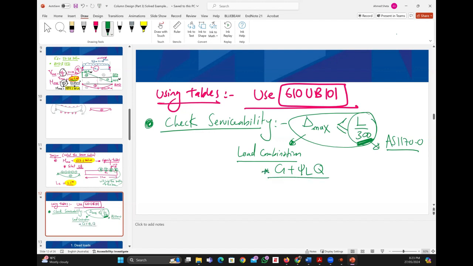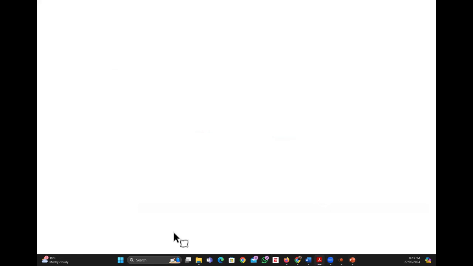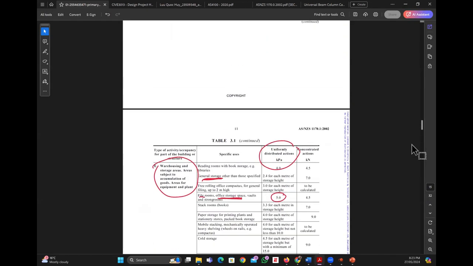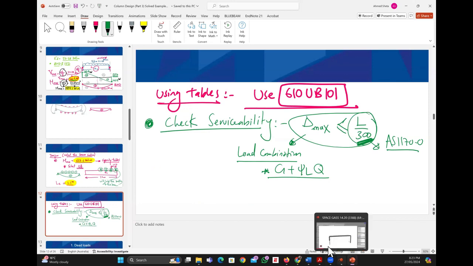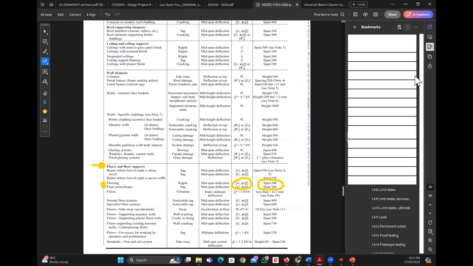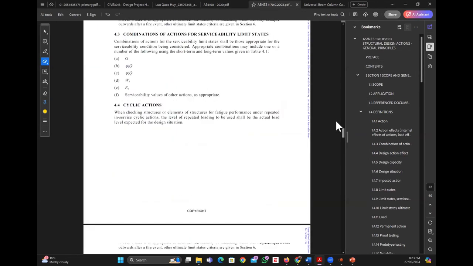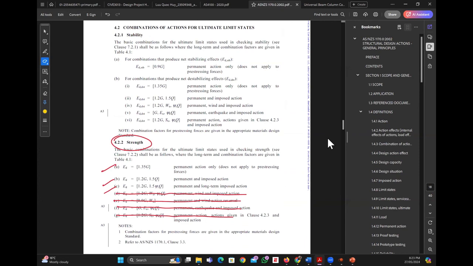Where can this equation be found as well? Here in AS 1170.0 as well. Do you remember when we talked about the strength load combination?